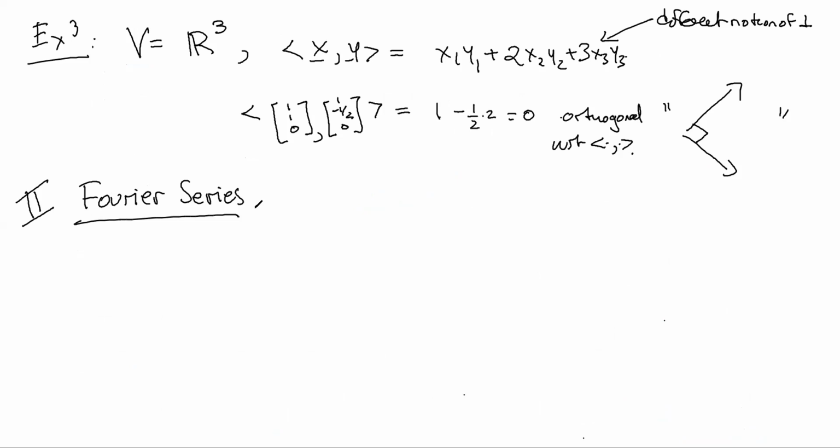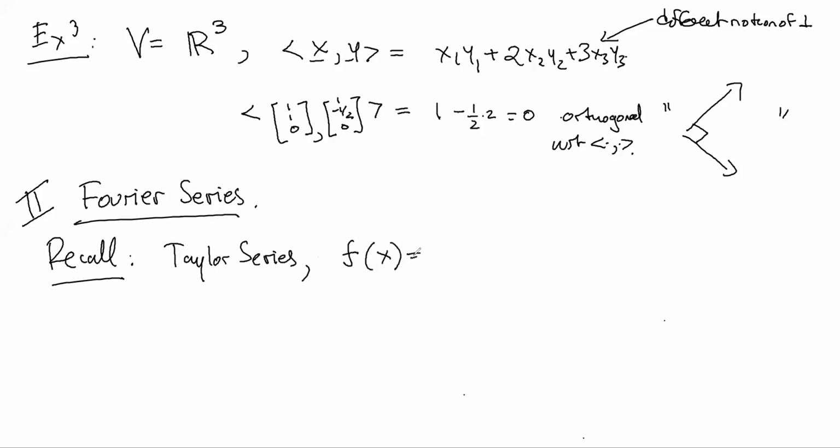Let me set the context by relating it to something you may already know. Let's recall Taylor series. What does that mean? You have some function f, and you can expand it as a series around a particular point a.